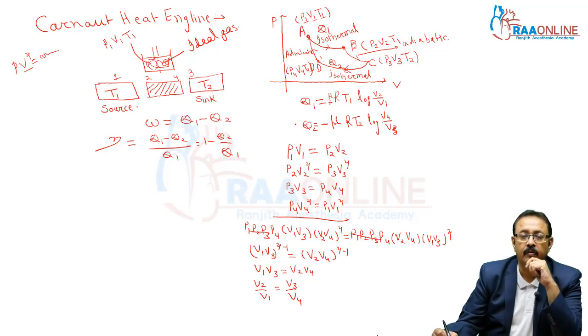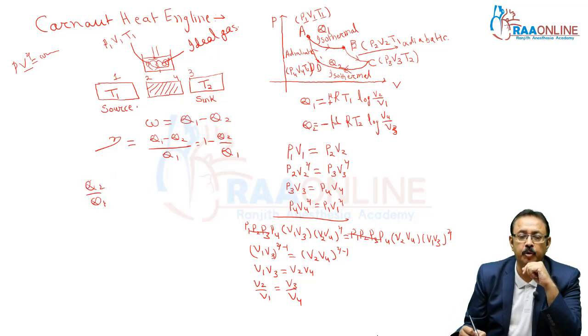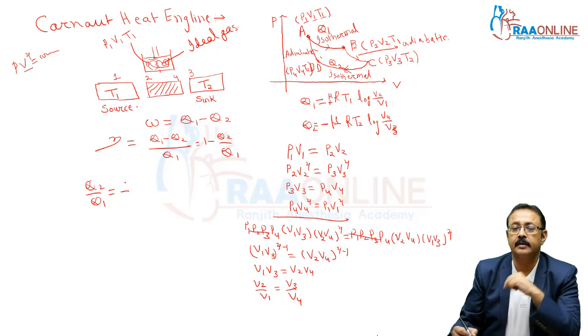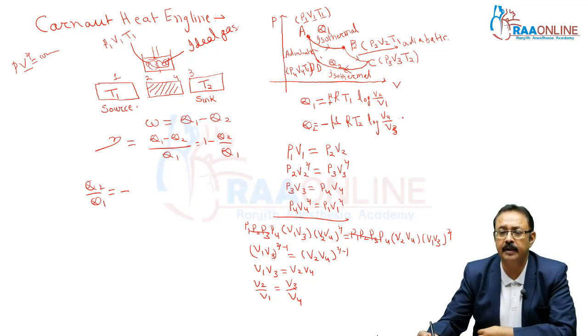Now see, what is q2 upon q1? If we divide q2 by q1, mu RT is cancelled out. We have a minus sign, and you can use this minus sign in the log's power.